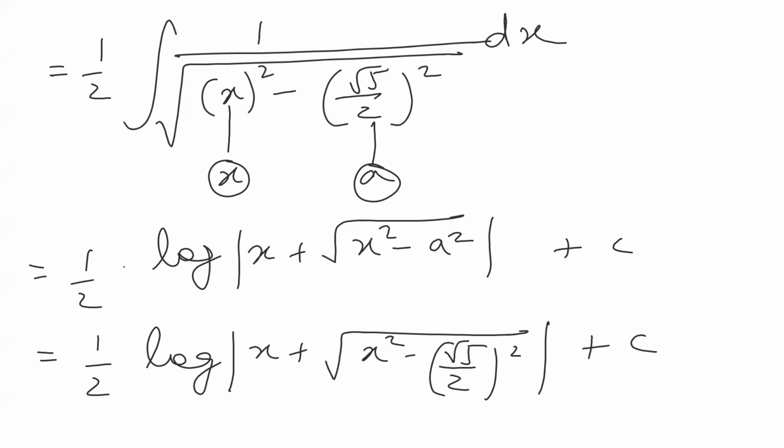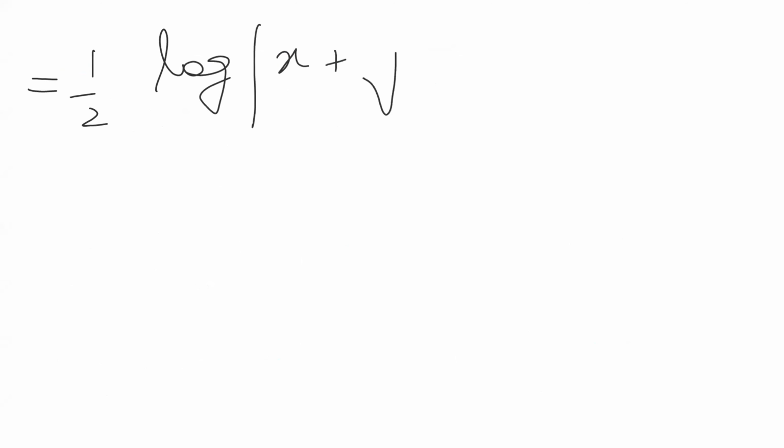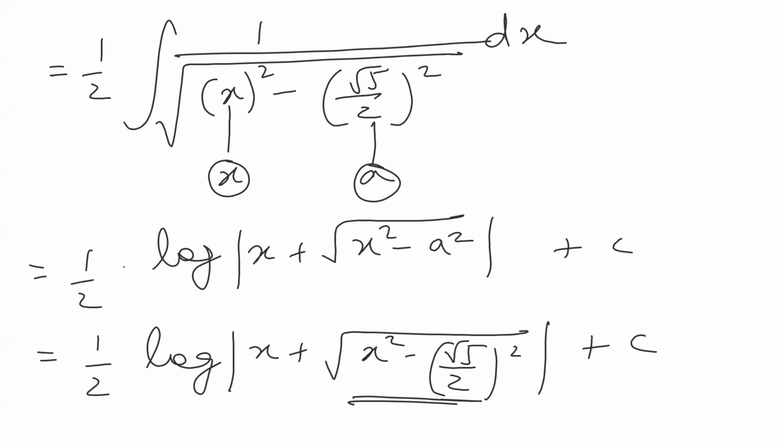So this is equal to 1 upon 2 log mod x plus root of x square minus 5 upon 4.